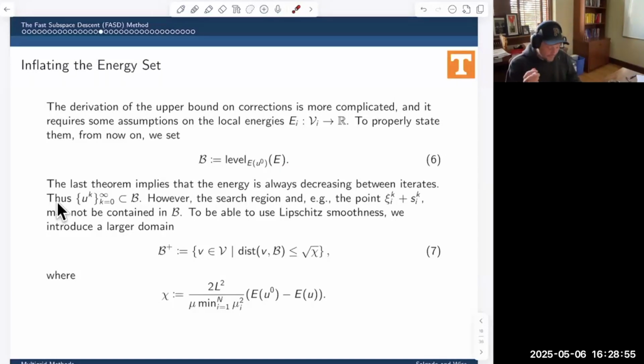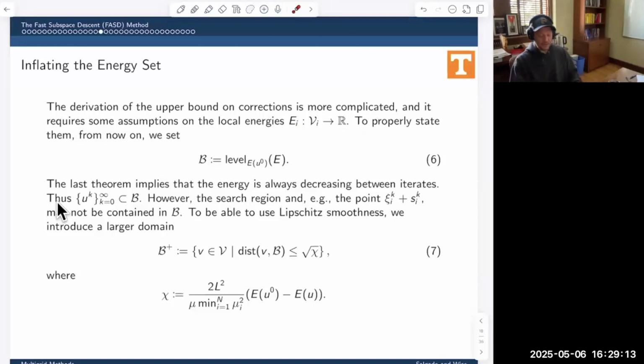Now, we have to introduce a bunch of local energies. It's not enough for me to know information about the ambient space energy, the E. I need some assumptions on this energy E_I.